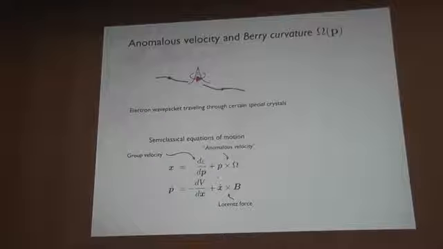It turns out that there's some extra new term there as well, and this arises because these particles going through these special crystals with self-rotation, which can be described by a Berry curvature, this omega term here, can experience something called anomalous velocity. Okay? What happens here is, say I just think of p dot as some kind of electric force, moving in the vertical up direction, the E direction.